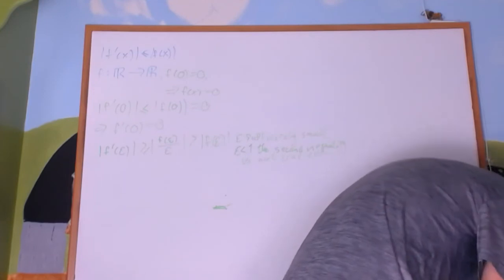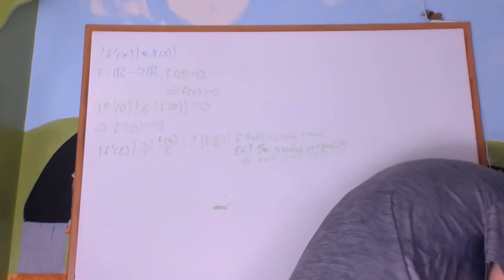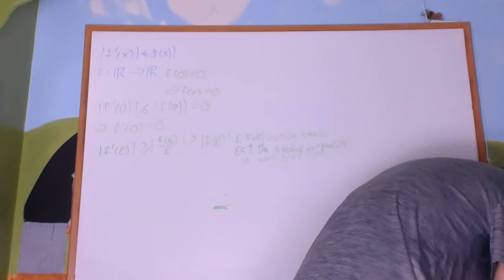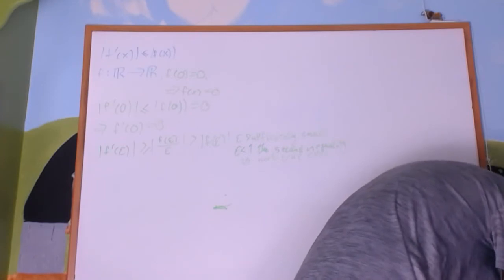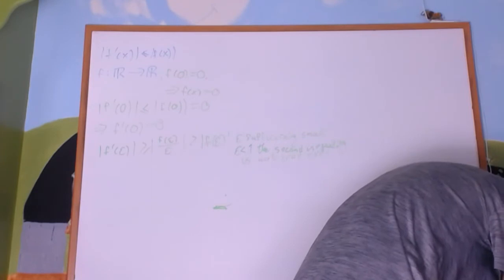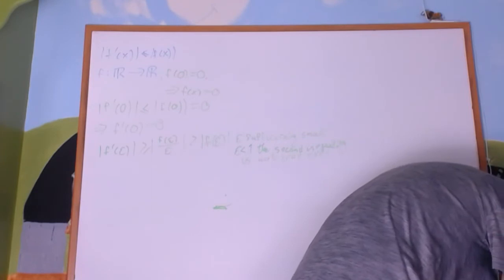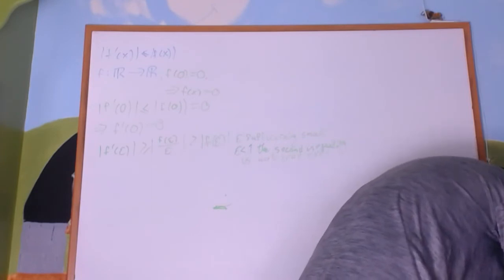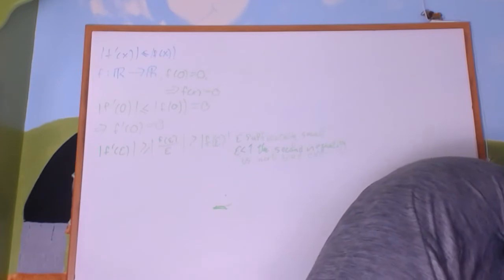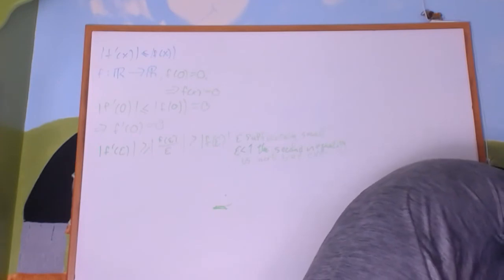Yeah, I'm still streaming. Consider the function, take the derivative, prove it's decreasing. One solution: consider e to the negative 2x times f of x and take the derivative.